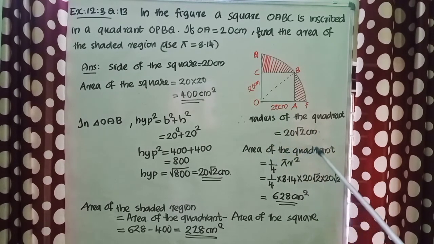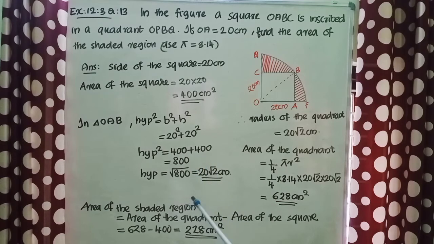Area of the quadrant equals 1 by 4 pi r square. That is equal to 1 by 4 into 3.14 into 20 root 2 into 20 root 2. That is equal to 628 centimeter square.